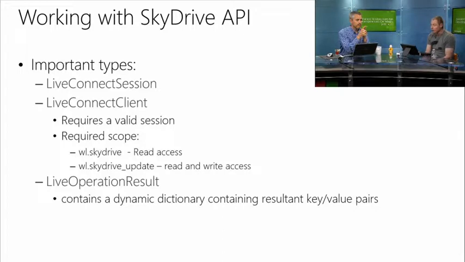We require a valid session. We also require a scope. WL.SkyDrive gives us read access, WL.SkyDrive_update gives read and write access. That is on top of WL.signin and so on to actually provide the ability to log in. Yeah. The Connect client and the APIs we call all return LiveOperationResult.